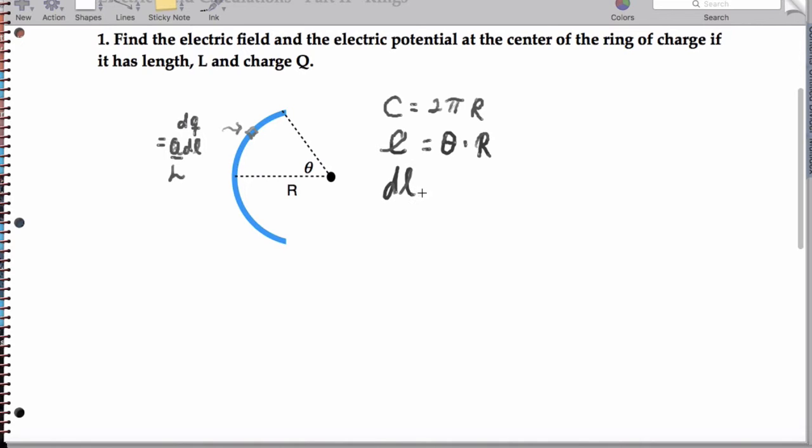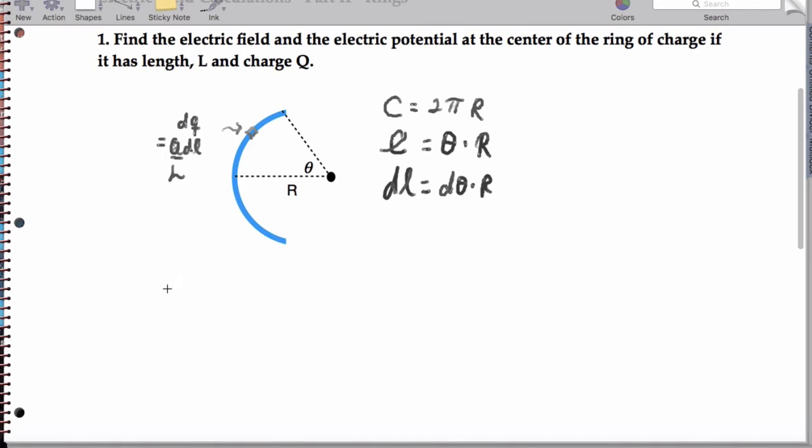So a little hunk of circle dl would have a length d theta times the radius, where I take a little sliver d theta and multiply it by the radius to get that length right there.